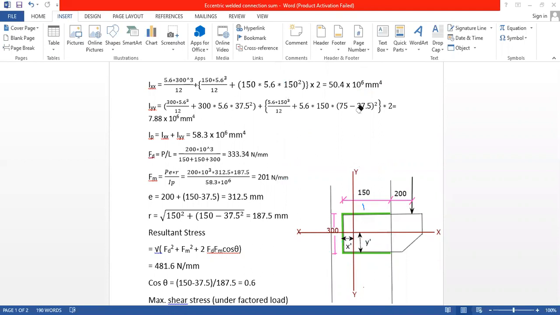Okay, now I will just erase all this portion. The next thing that we have to do is calculate the moment of inertia about the y axis. Let me just draw it so that you can understand it better.